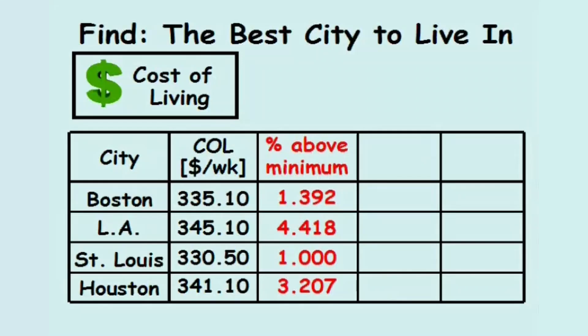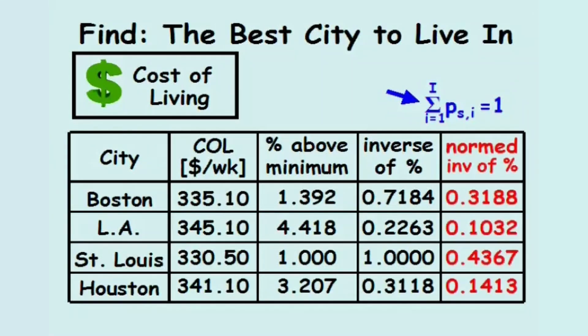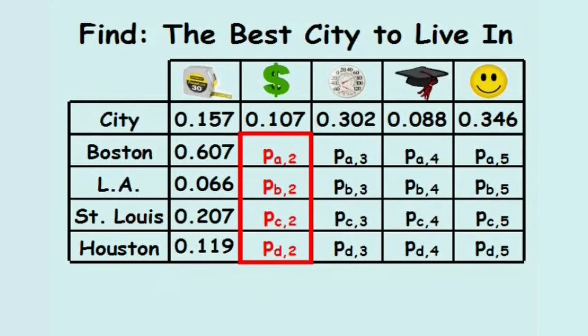The lower the cost of living, the better. Therefore, the inverse of that percentage above the minimum is calculated. Lastly, as with the distance criterion, the relative priorities for the cost of living should sum to 1 and are normalized as such, and the alternative comparison table is updated.